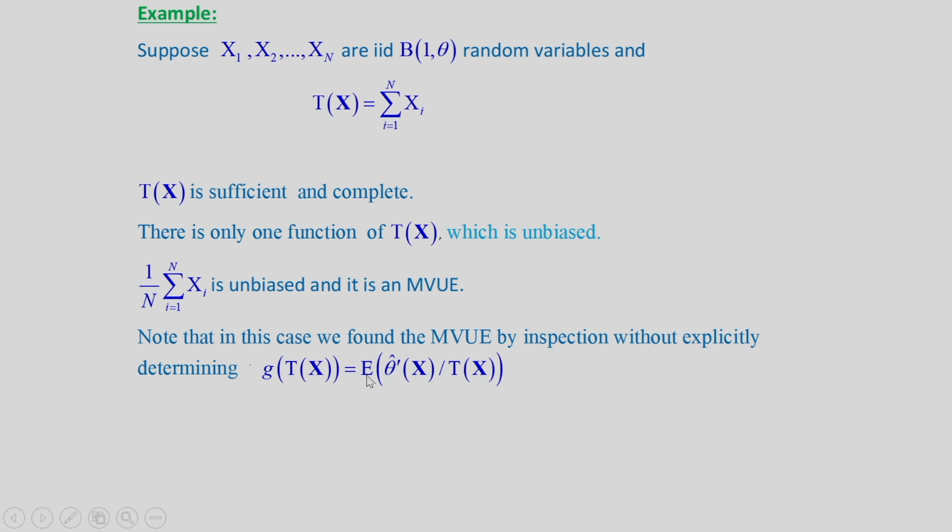So we have to compute this MVUE through this operation, E of theta hat dash given T(x). We have to perform this operation to find out the T(x).